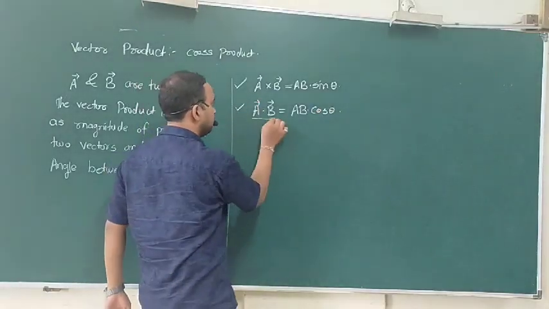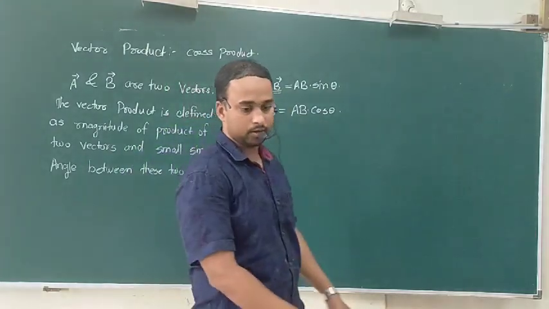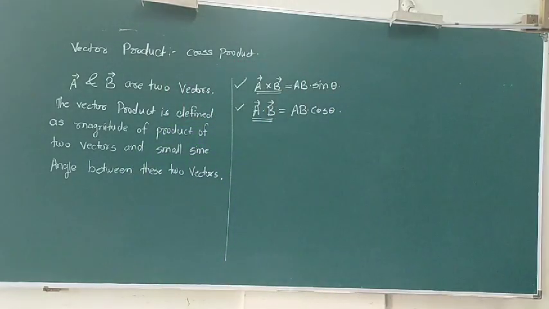So this is the dot product and this is the cross product. The cross product a bar cross b bar is equal to ab sin theta, and a bar dot b bar is equal to ab cos theta.